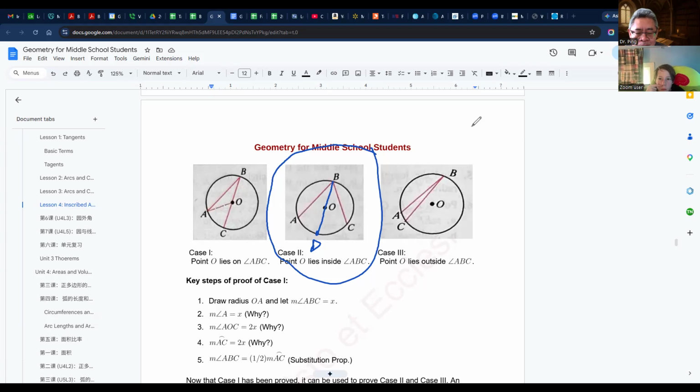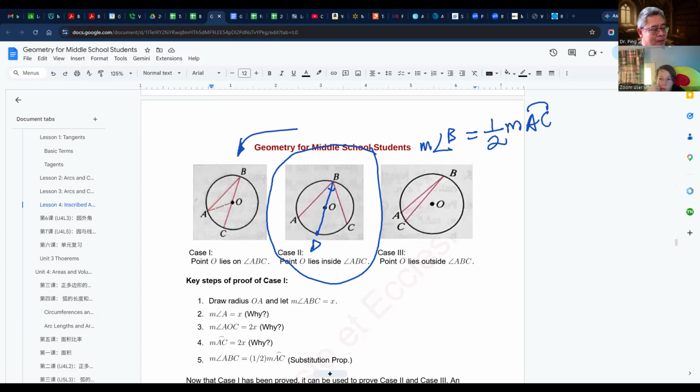So basically, we're trying to prove that the measure of angle B is half of the measure of arc AC, by using case one, the one we just proved.